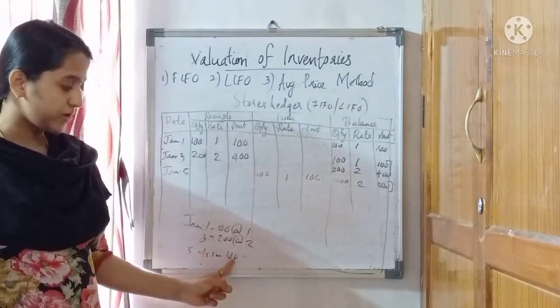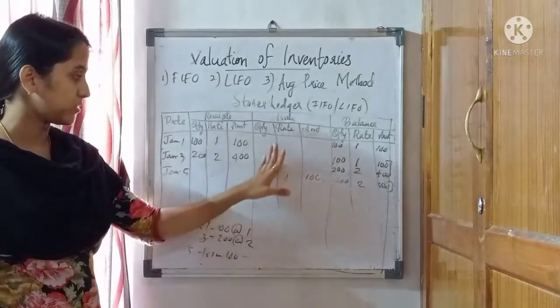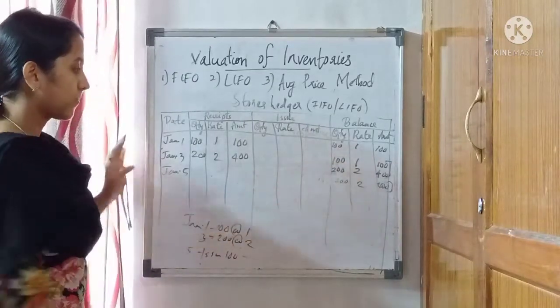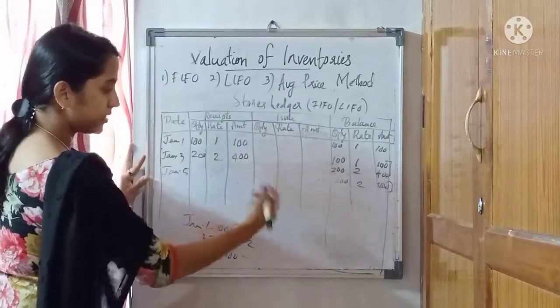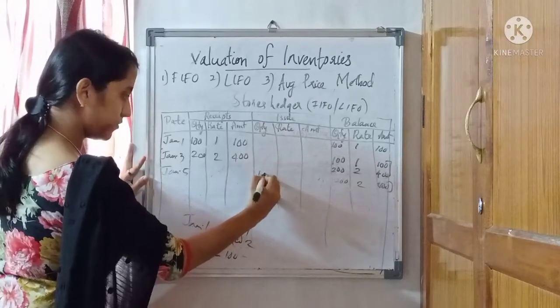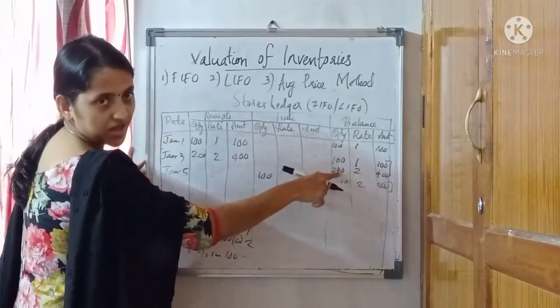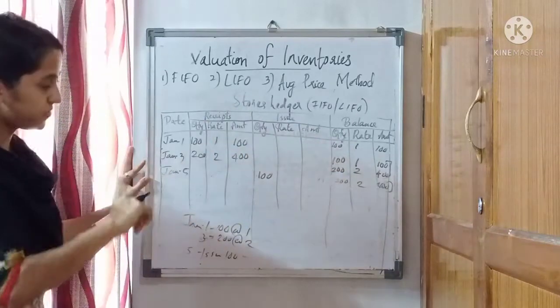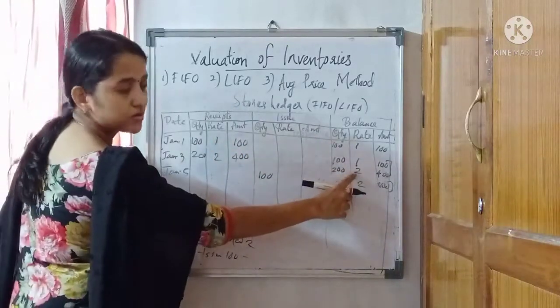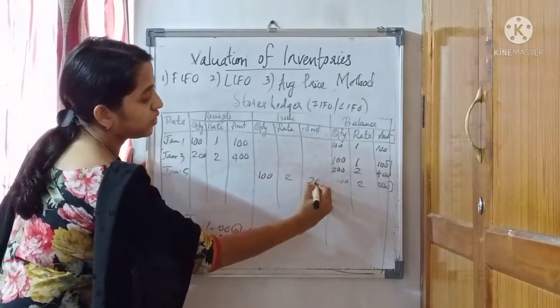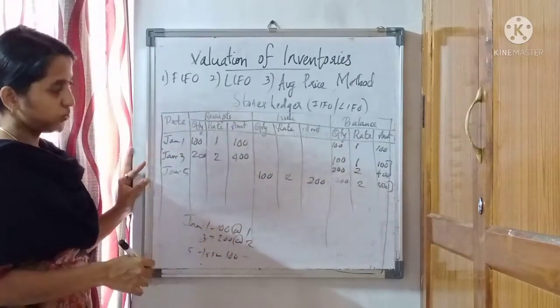If this issue of 100 was under LIFO method, then we have to issue 100 anyway, but that 100 we take from the second lot, that is, last in first out. And as it is the second lot, the rate also changes, it is 2, so 100 into 2, 200 will be the issue.